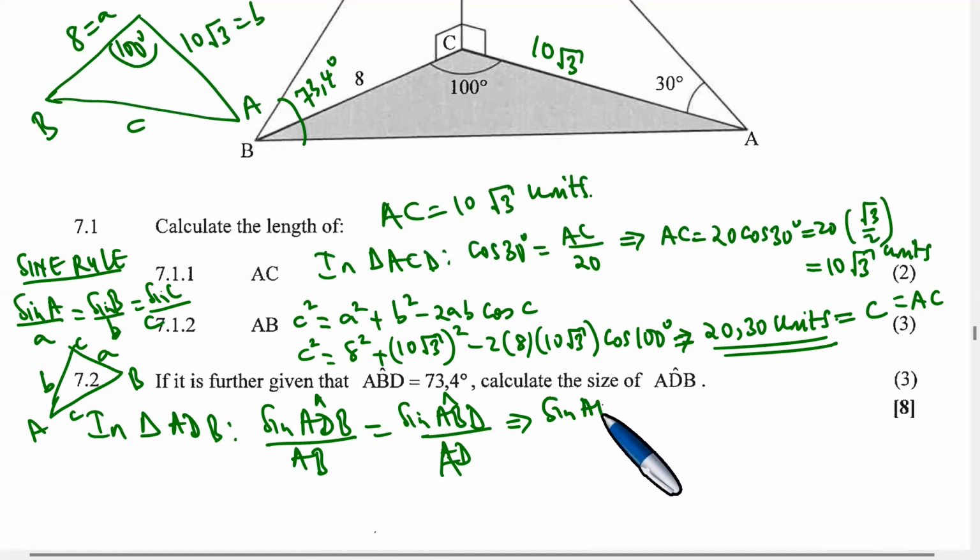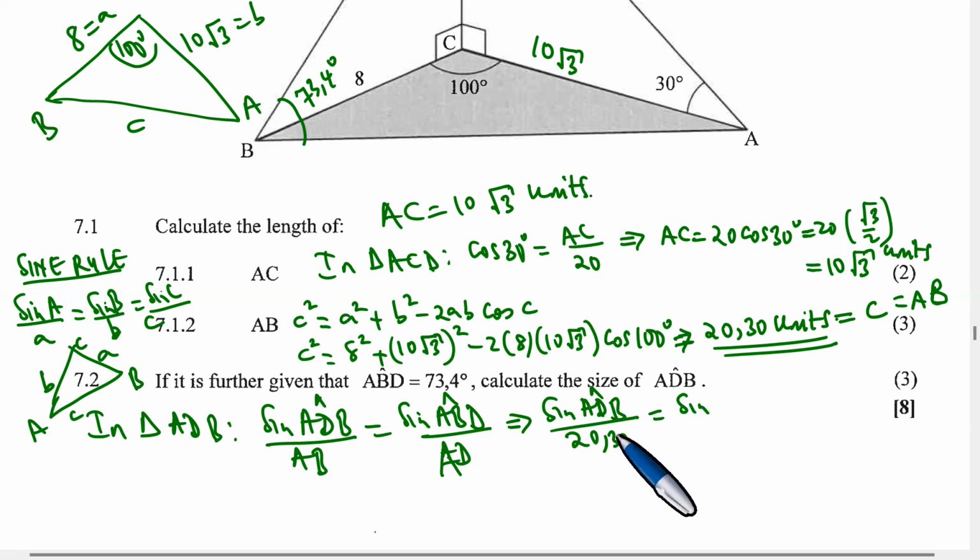So this is the same as the sine of ADB divided by AB. We've already got AB, which we obtained earlier, and it is 20,30.